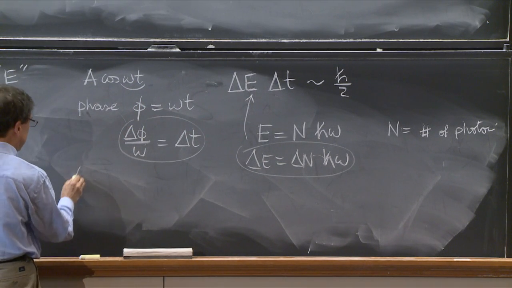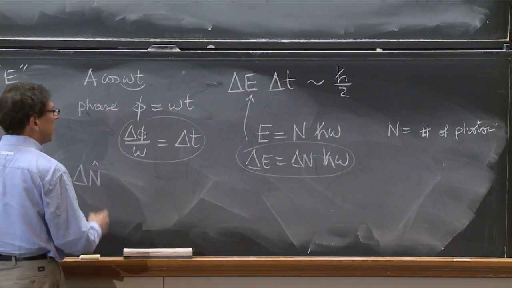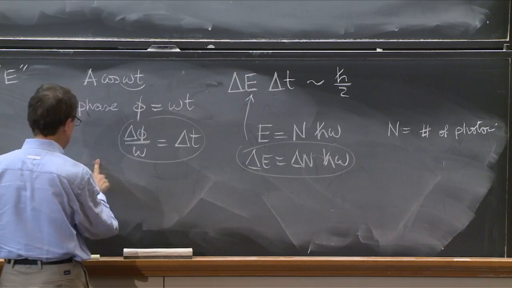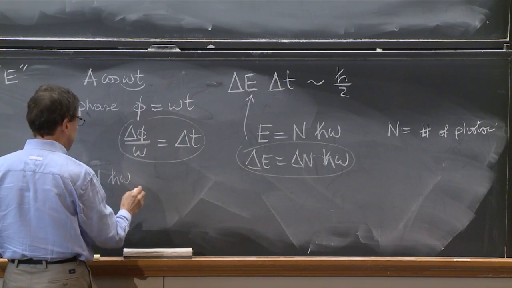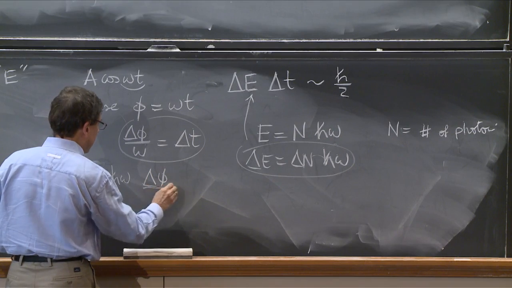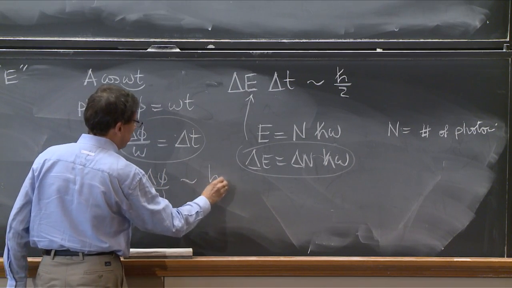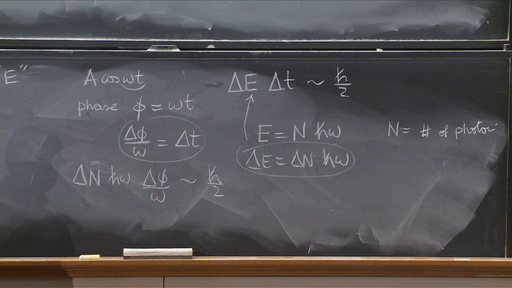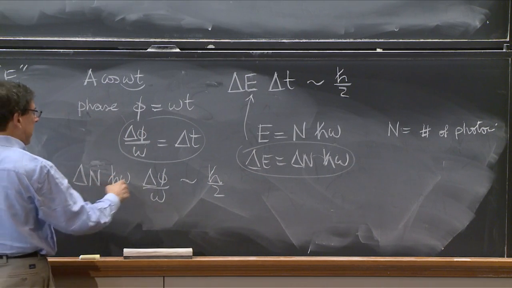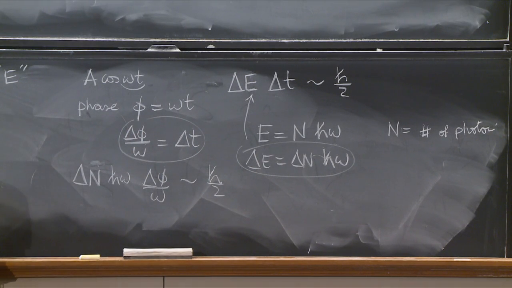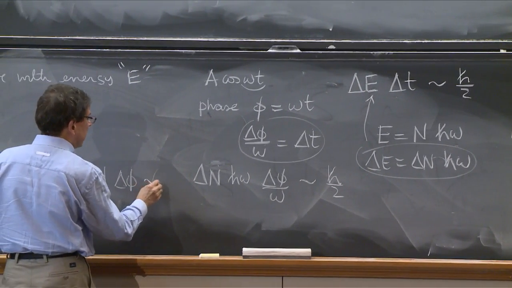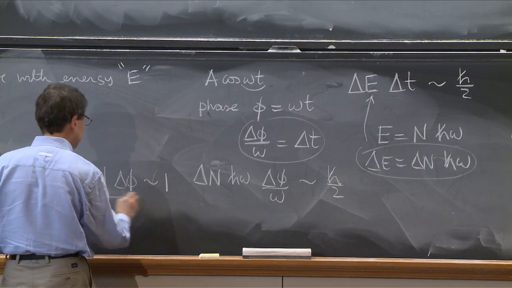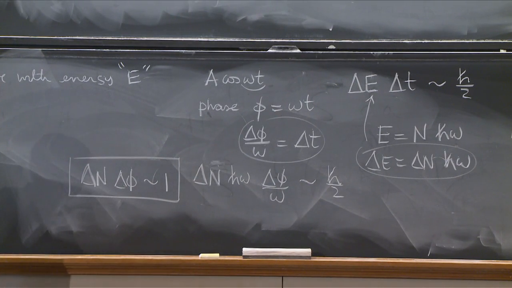Well, delta E is delta n h bar omega. Delta t is delta phi over omega, and this should be like h bar over 2. The omegas cancel, the h bar cancels, and you get delta n delta phi is about 1, or 1 over 2, or 1 over square root of 2.